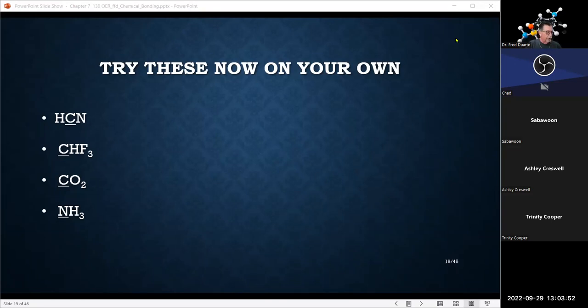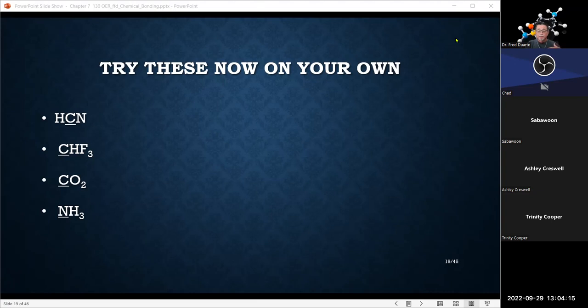We had ended here on page 19. What we're doing is drawing Lewis structures for molecules, compounds, okay? And from that information, which is based on the valence electrons, we are able to come up with a structure for that particular compound, and then a geometry.